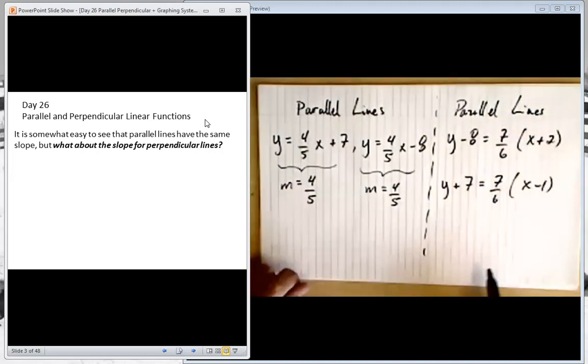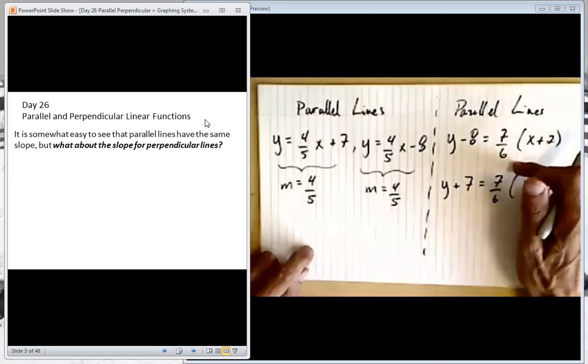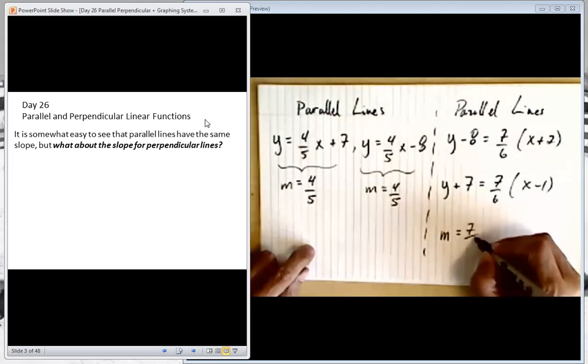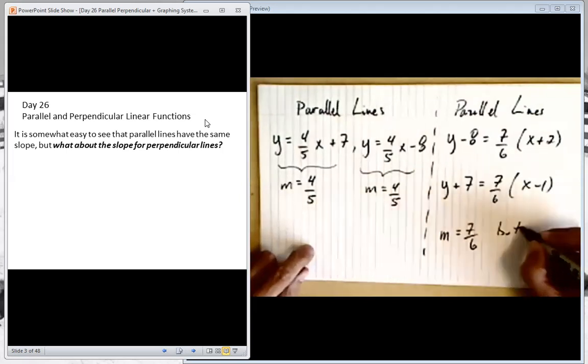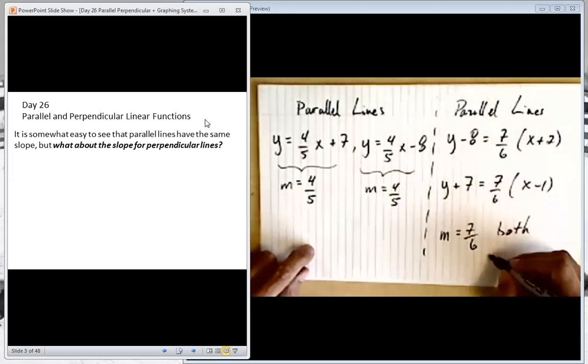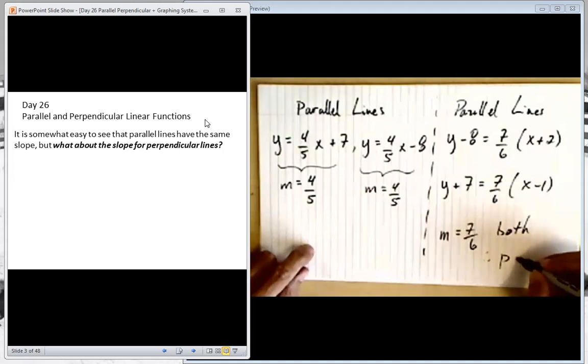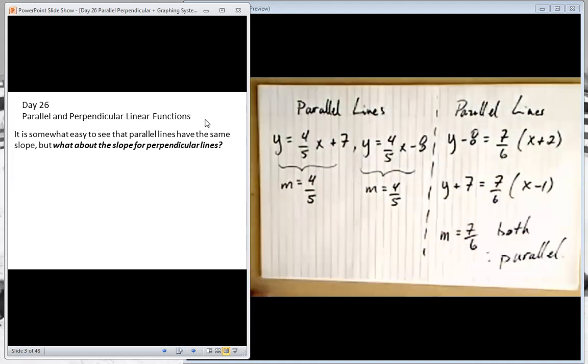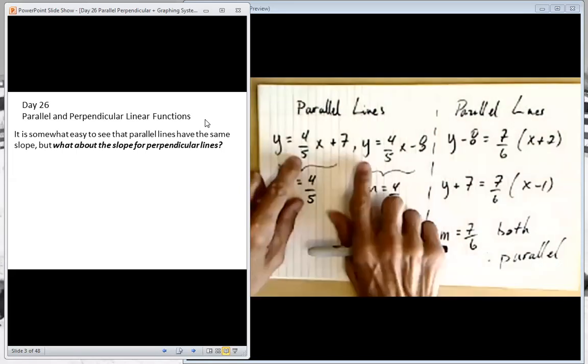Yeah, for both of them. See the number in front there from the style. The slope is 7 over 6 for both, the first line and the second line. And so these ones are parallel as well. So that's what makes it easy. If you're given equations, just read them off.